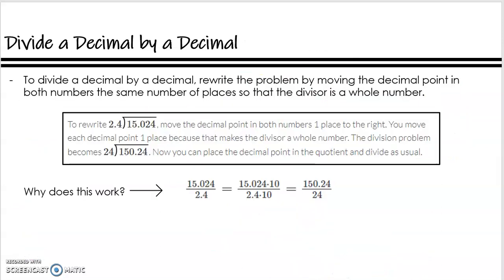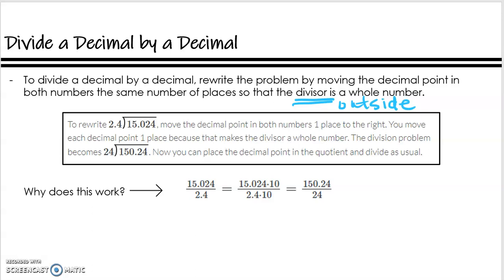Okay? So for dividing a decimal by a decimal, a minute ago we did a decimal by a whole number. We're going to have one extra step before we do what we did just a minute ago in our review. You have to rewrite the problem by moving the decimal point in both numbers, the same number of places, so that the divisor, that's the number on the outside, is a whole number.